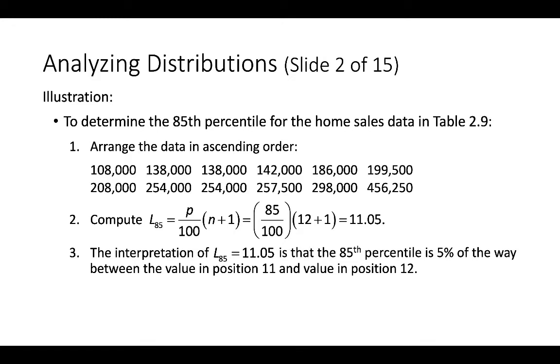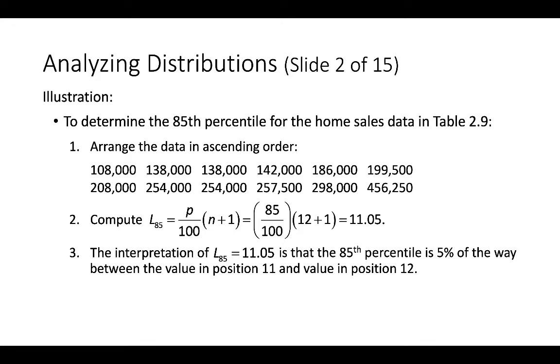So 85 divided by 100 multiplied by the number of observations, 12 plus 1, comes to 11.05. Keep in mind that this 11.05 is only the position, not the value. So it's not the home price at the 85th percentile.